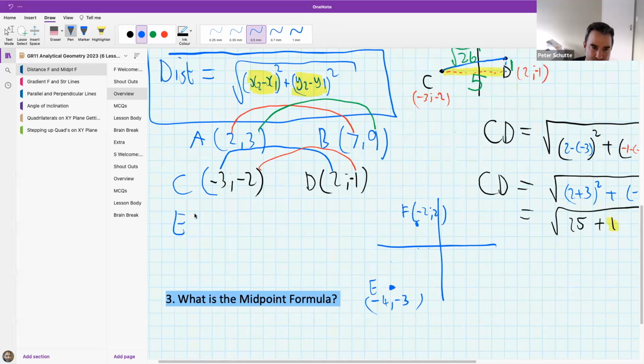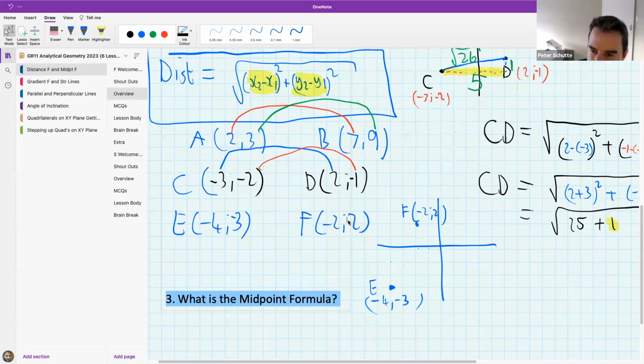Can you find me the distance between E, which is (-4, -3), and F, which is (-2, 2)? Show me what you got. I want to know what that distance is.